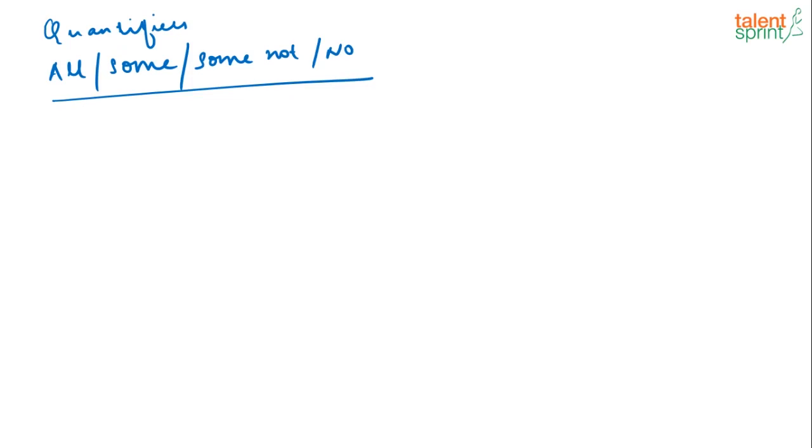Now the first thing that you need to know before you solve a question using the Venn diagram method. As I said, generally the Venn diagram method is what we use to solve questions on syllogisms. When you use the Venn diagram method, the first thing that you should know is to draw a basic diagram for all of these given quantifiers, right? For whatever is the given statement, you have to draw the Venn diagram.